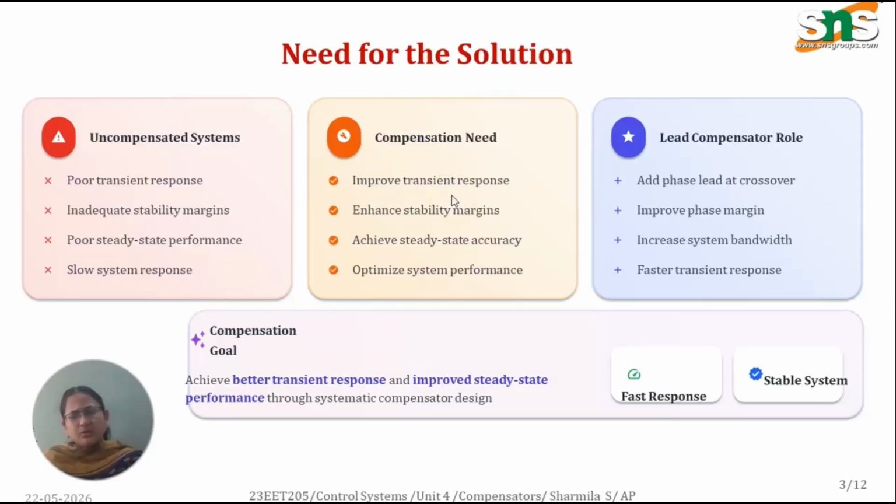The main goals of compensation are improving transient response, increasing phase margin, enhancing stability and achieving better steady-state accuracy. Among different compensators, the lead compensator is mainly used to improve transient response and system speed. It provides a faster response, better damping ratio and improved stability.